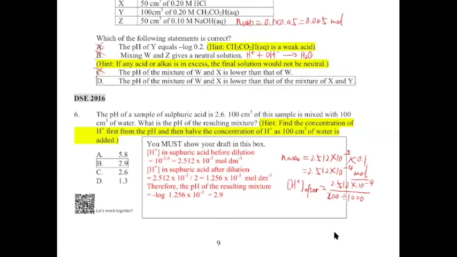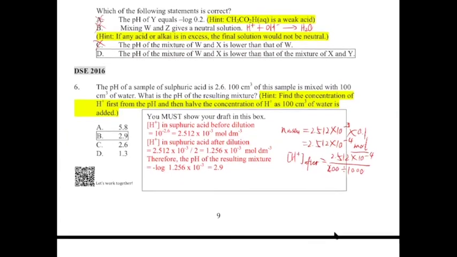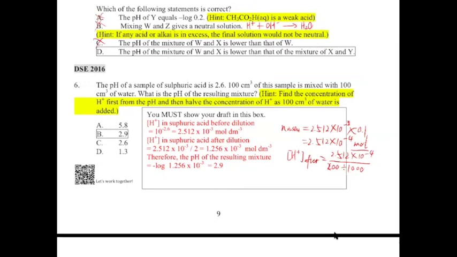And remember, when we do dilution, the formula that you need to remember is C1V1 equals C2V2. The concentration at the beginning multiplied by the volume at the beginning should equal the concentration after dilution multiplied by the volume after dilution.